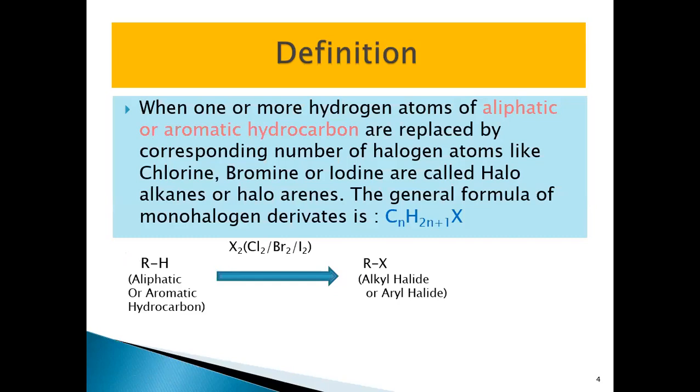You can see in this reaction, one hydrogen of the aliphatic or aromatic hydrocarbon gets replaced by a halogen. It may be chlorine, bromine or iodine. When hydrogen is replaced, the compound formed is an alkyl halide, or if it is an arene or aromatic, then it is called an aryl halide.